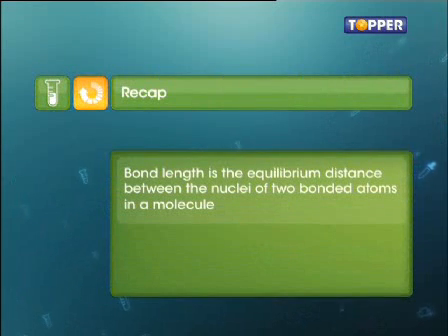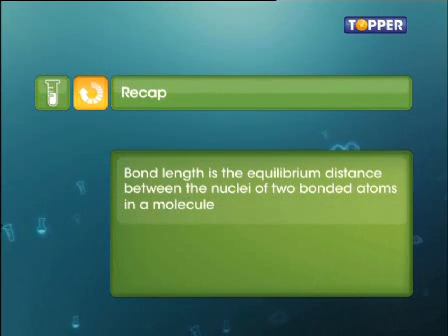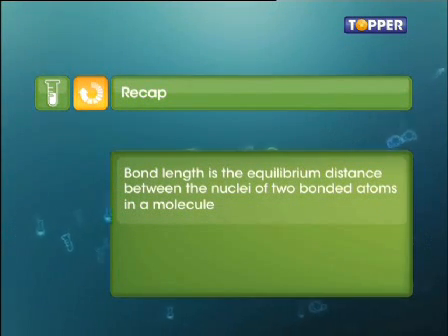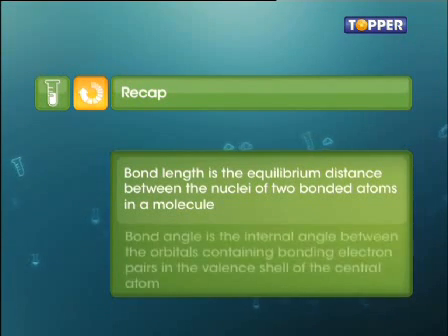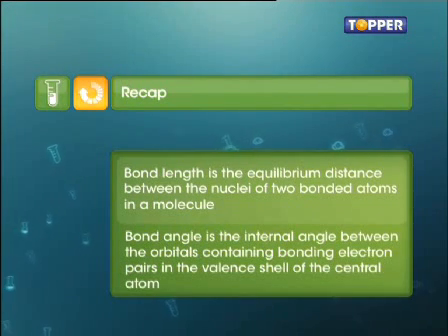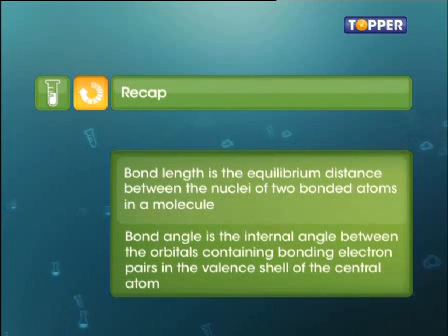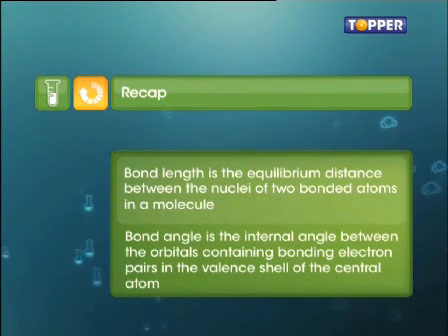Welcome back. As you know, today we have been discussing bond parameters, and here is a quick recap of all those parameters. Bond length is the equilibrium distance between the nuclei of two bonded atoms in a molecule. Bond angle is the internal angle between the orbitals containing electron pairs in the valence shell of the central atom.